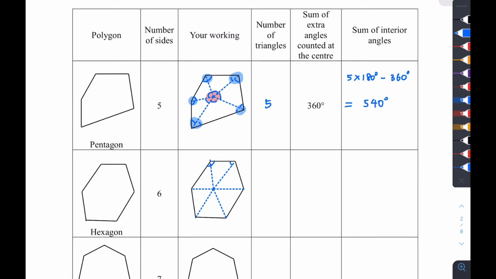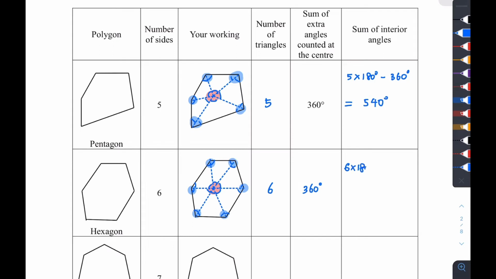Same thing, we are going to look at the interior angles of all these small triangles, and the interior angles of this triangle actually include the angle at the point at the center. So what we want are those at the side, as you can see at my ugly highlighting, and what we don't want is the one at the center. So we have 6 triangles, right? The angle at the center is 360 degrees still, so we have 6 times 180 degrees minus off our 360.